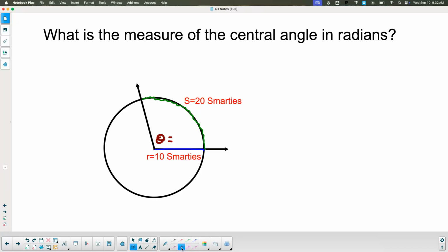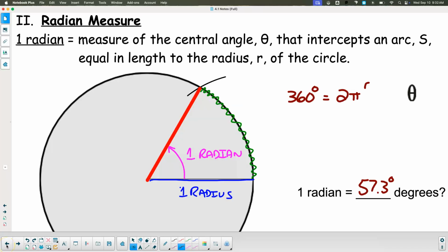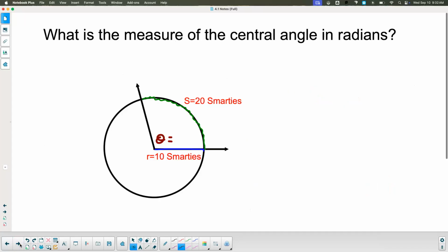So how many radians is that central angle? 2, because back here it said the measure of the central angle that intercepts an arc equal in length to the radius. So if I went 2 radiuses, that means I went 2 radians in terms of that central angle. So this would be 2 radians.